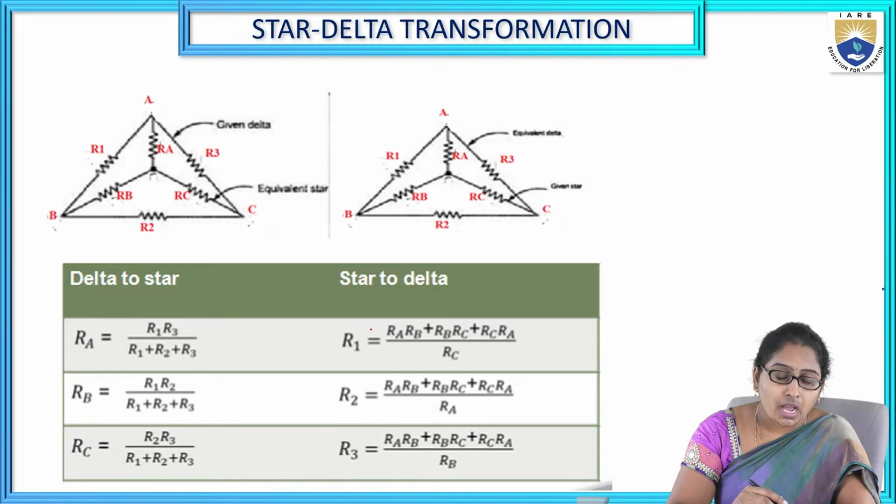The first element of delta is given by the sum of the products of each two elements of the star network, that is RA RB plus RB RC plus RC RA, over its opposite resistance of the star network. Here I want to calculate the delta element R1.